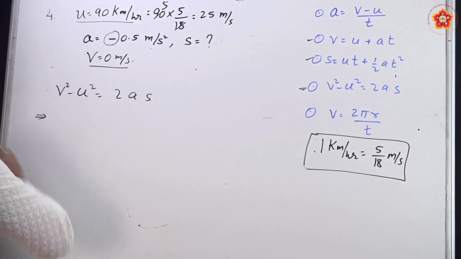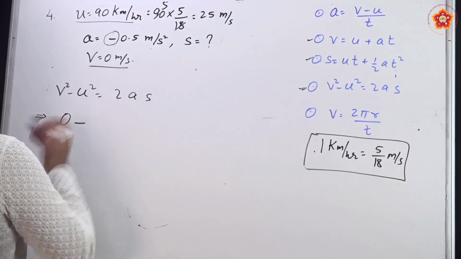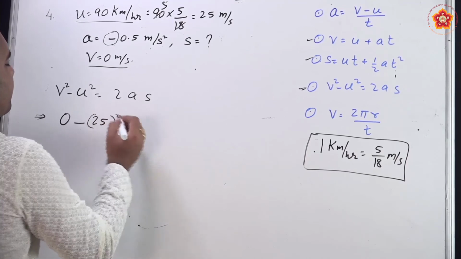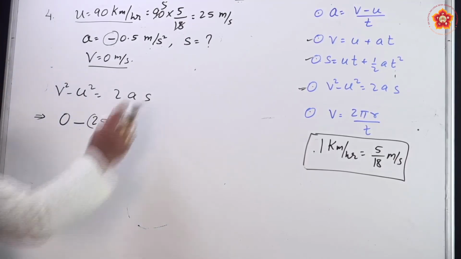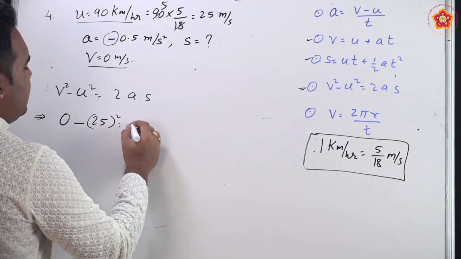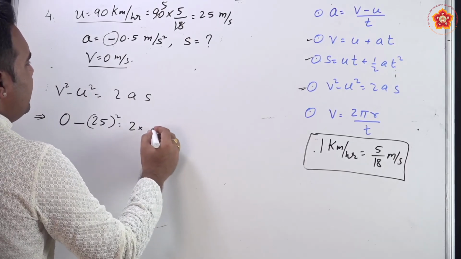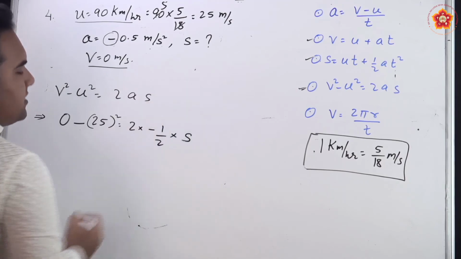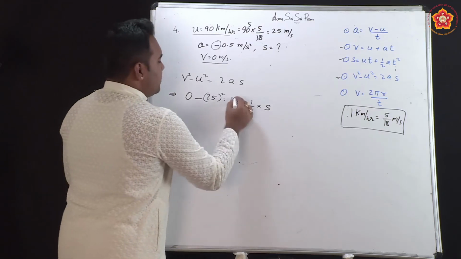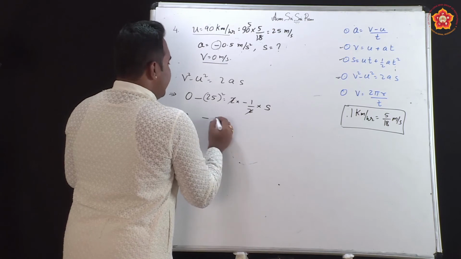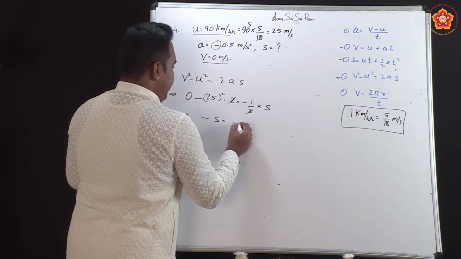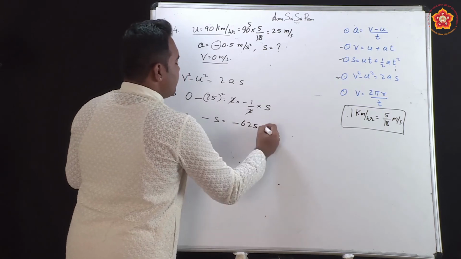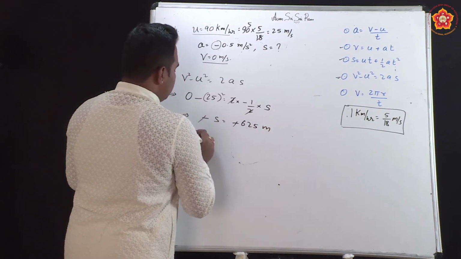So v square is 0, minus u square, 25 whole square, because we converted it into meters per second, is 2 into acceleration minus 0.5 or minus 1 by 2, into s. So 2 and 2 will cancel. That implies minus s will be equal to minus 25 square, which is 625.